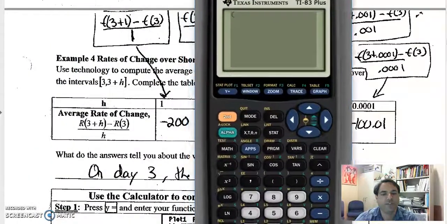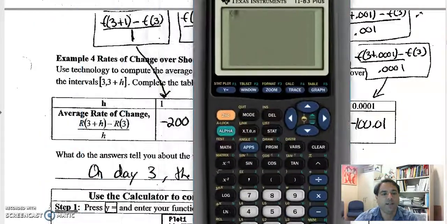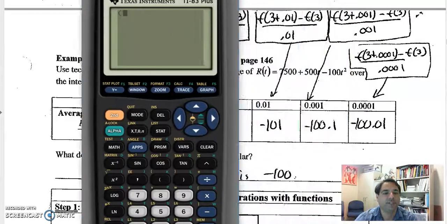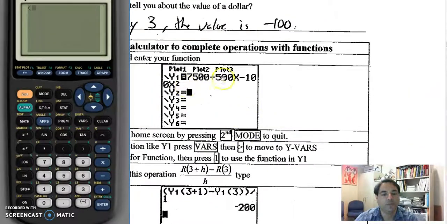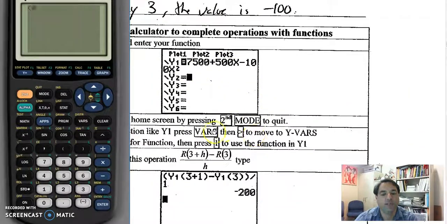And I'm going to do this first one here, f of 3 plus 1 minus f of 3 over 1. So I'm going to do the entire top in parenthesis. Again, all of your steps are here. We put the function in, second mode, then we do this vars stuff. So I hit vars to the right for y vars, number 1 for function, and we're going to use y1 because that's where my function is.